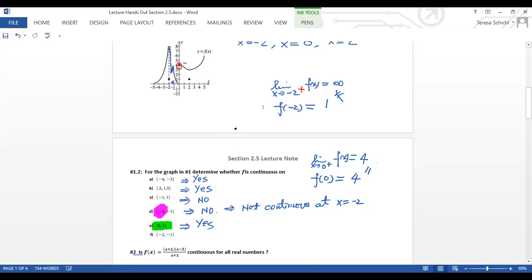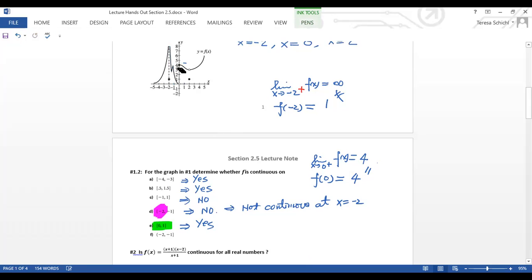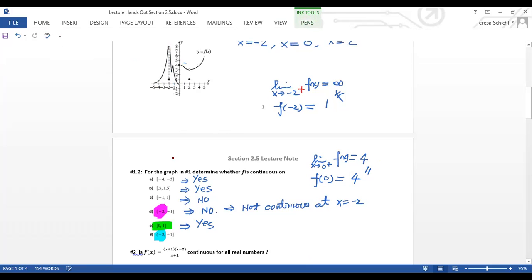Okay, now let's take a look at the next ones here. -2 and -1, okay? Let's erase this. And on these ones here, be careful, I have open parentheses. The open parenthesis means it's not including the -2.